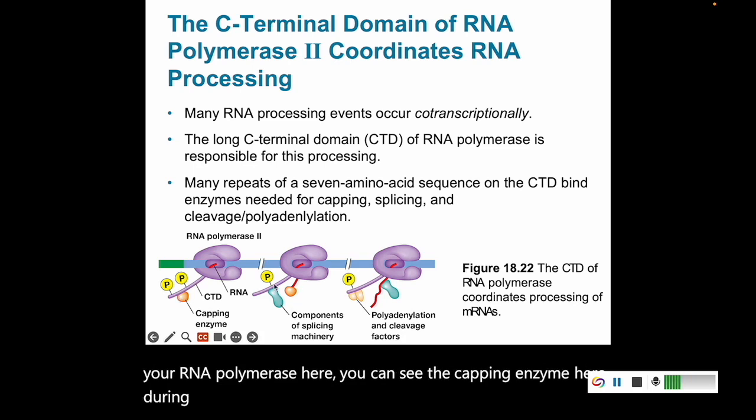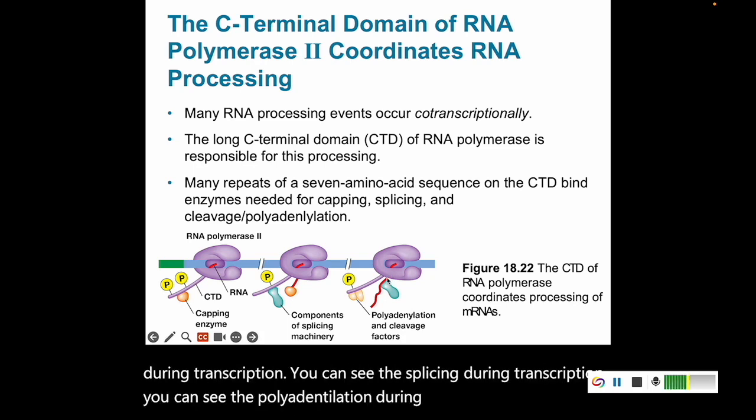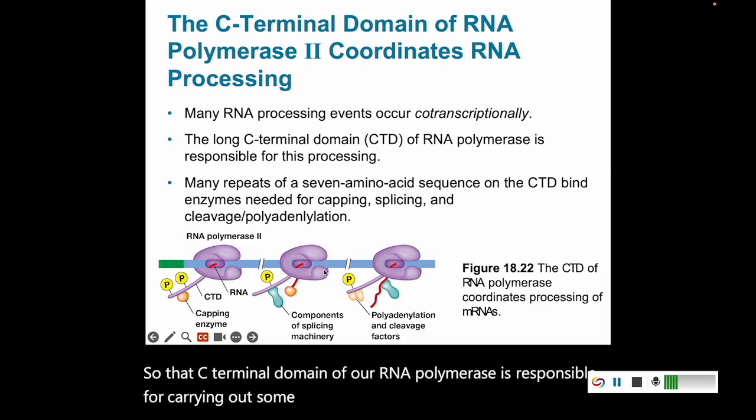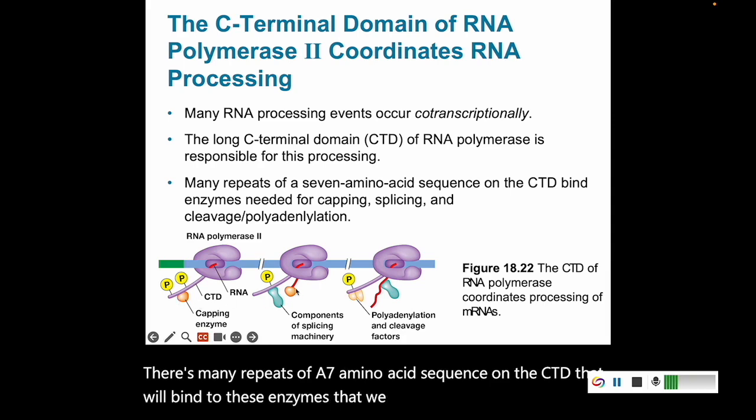You can see the splicing during transcription. You can see the polyadenylation during transcription. So the C-terminal domain of our RNA polymerase is responsible for carrying out some of these processes. There are many repeats of a 7 amino acid sequence on the CTD that will bind to the enzymes that we need for capping, splicing, and polyadenylating.